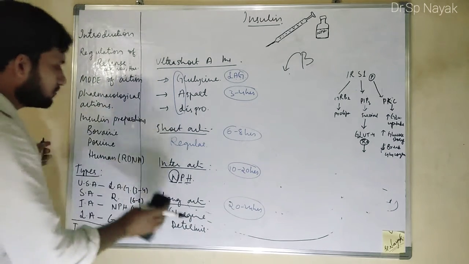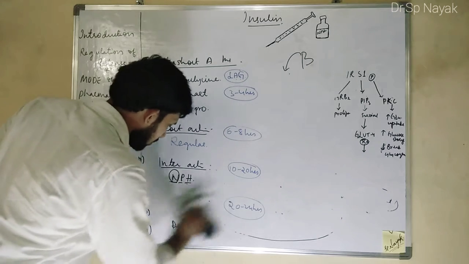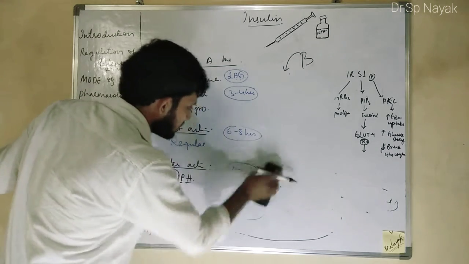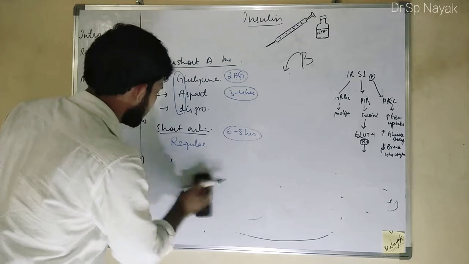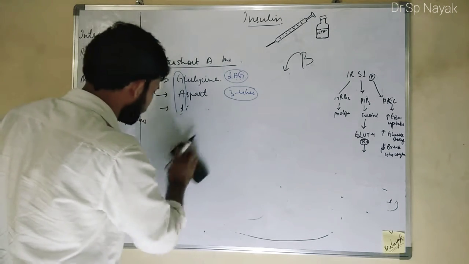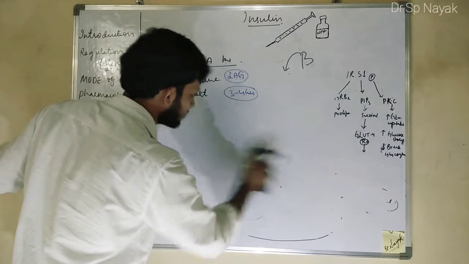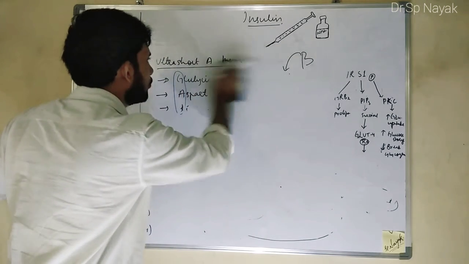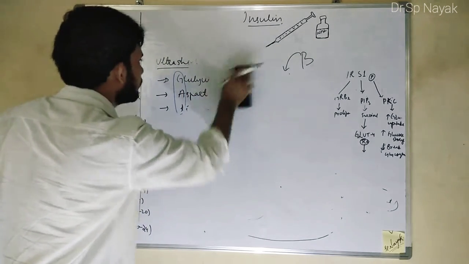So this is about the classification of insulins, their durations of action and their different types. Now let us see the different modalities of insulin therapy, how insulin therapy is given to the patient.